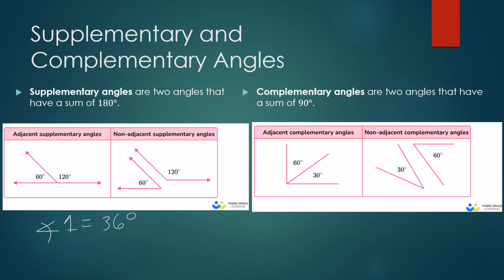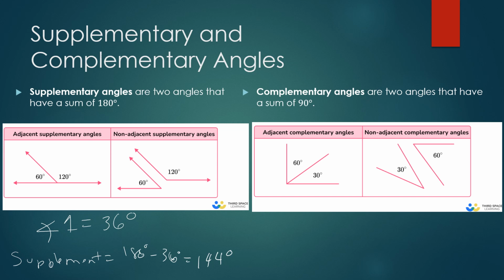Then its supplement would be equal to 180 degrees minus 36 degrees. So let's see, that's 180, so that'd be a 4. Then we have 17 minus 4, so 144. So we would say that 36 degrees and 144 degrees are supplementary of each other.